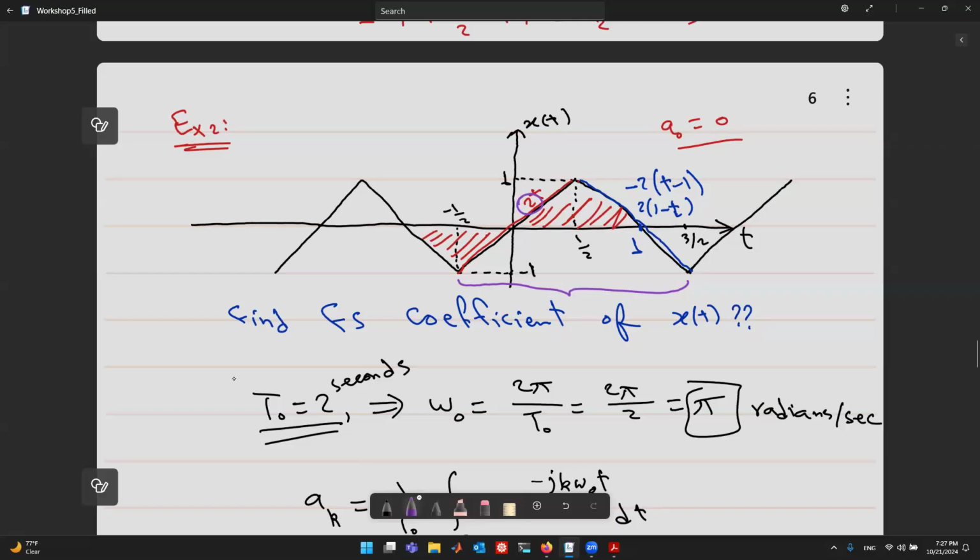Oh, I didn't see that 2t. My bad. Tunnel vision. So the derivative will be just 2 over this period, because the slope of the function is 2, and the slope here is -2. So it would be 2 here, and then -2, and so on. It will be periodic also.